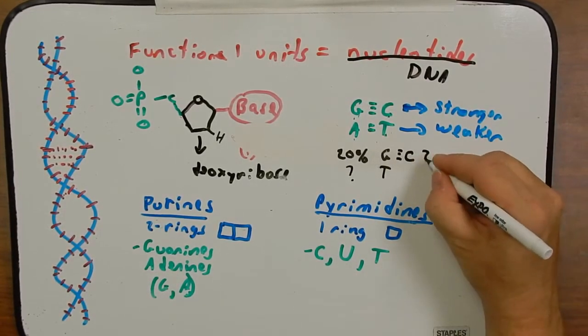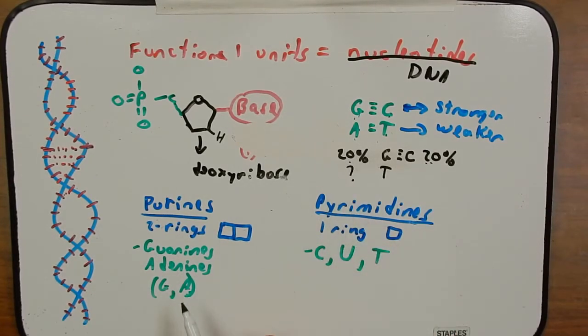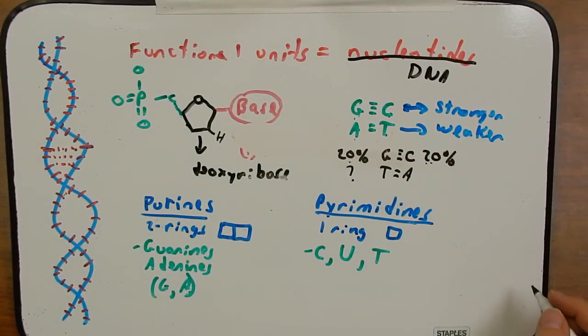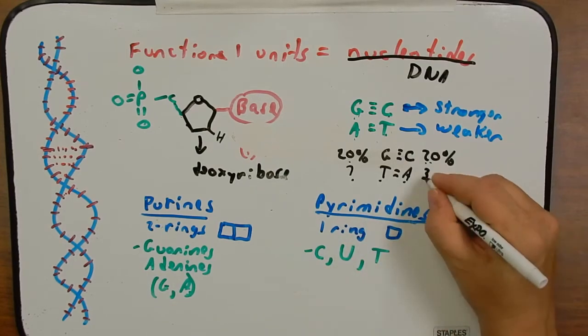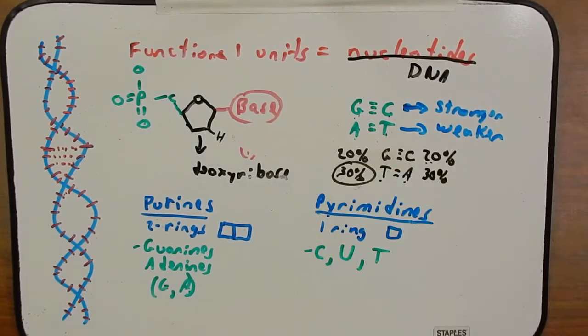So there will be 20% C's. Together, these add up to 40%. So that means the T's and the A's must add up to 60%. And since there needs to be equal amounts of T's and A's, then there needs to be 30% A's and 30% T's.